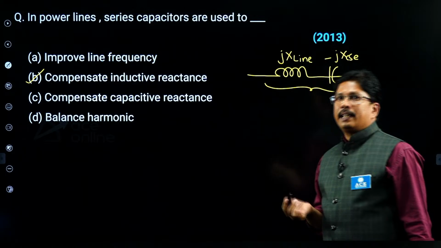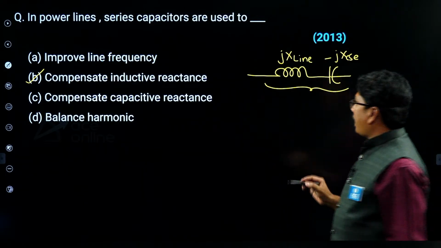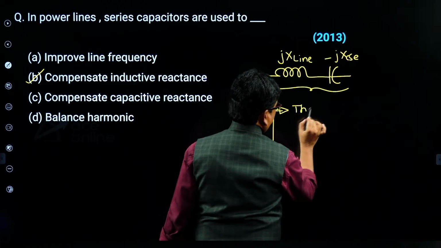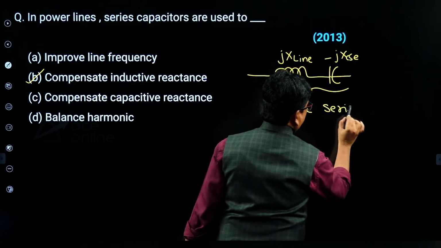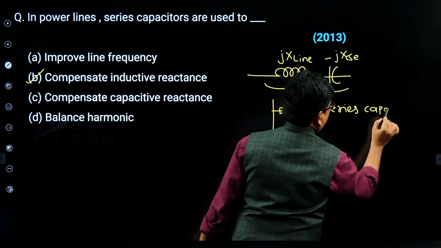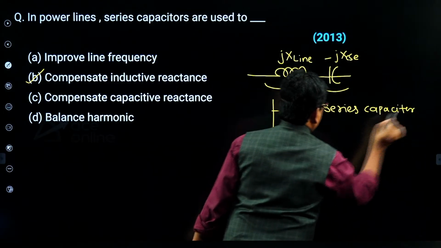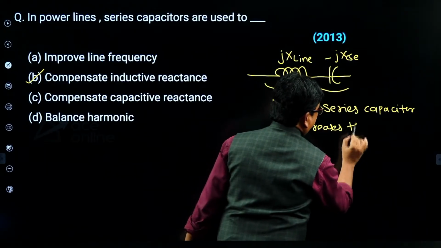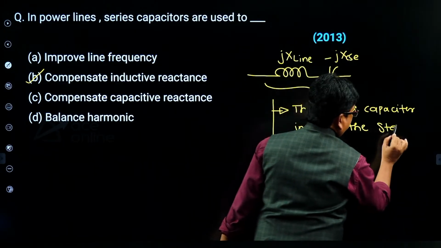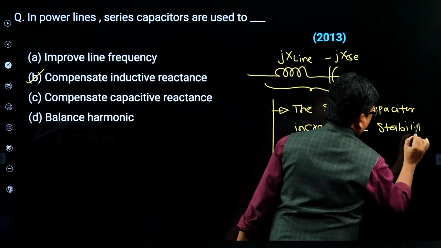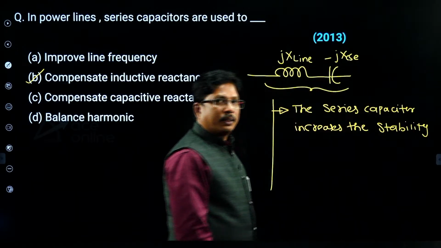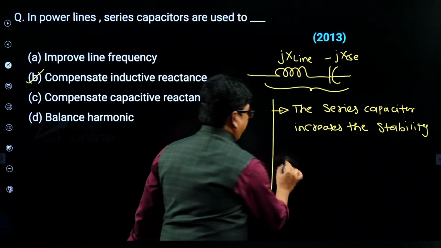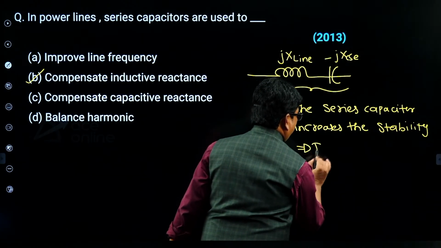By adding a series capacitor, the series capacitor increases the stability of the system, and it also increases the power flow in the transmission line.